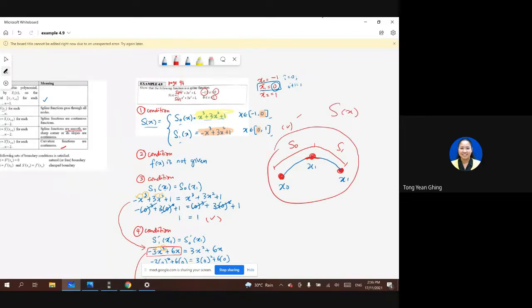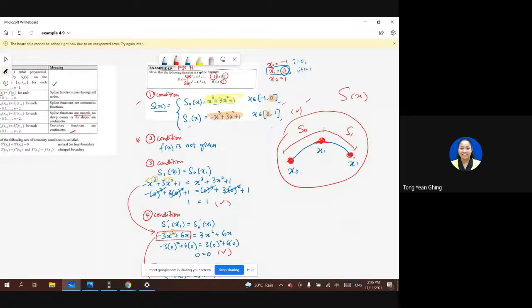So dia melalui semua titik, go through all the data point for the first conditions. Okay, and that's, sorry, this one tak ada diberi. Tapi it can be sepatutnya betul lah. Sebab we have like all coming from the same. Apabila kita gantikan dia mesti sama. Okay, and then the third criteria yang ni has is continue. S0 akan continue dengan S1. This function. And the fourth criteria, dia punya this one is very smooth. It don't have a sharp corner. And the last is they have a curve that is continue.